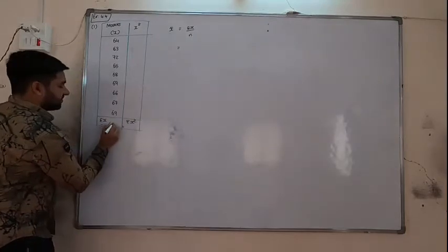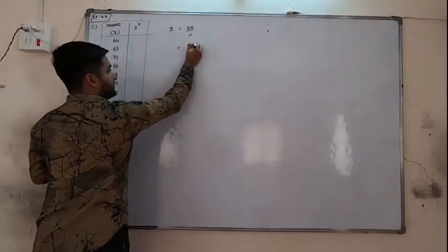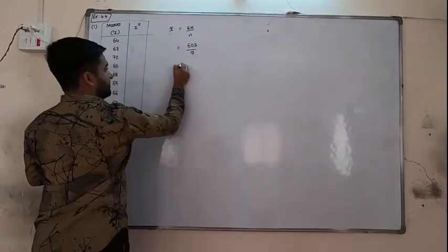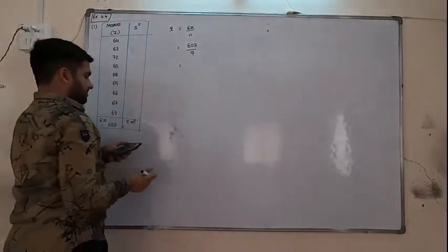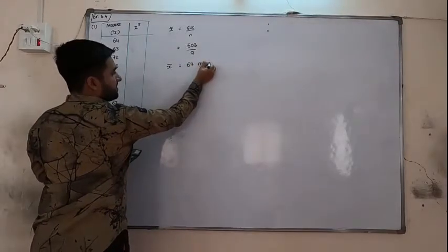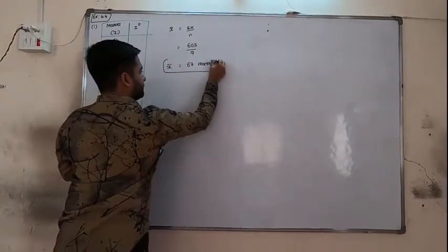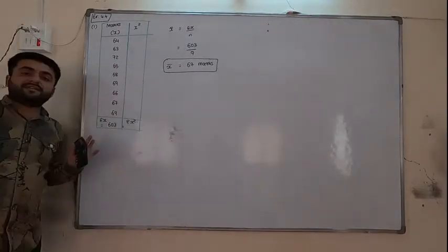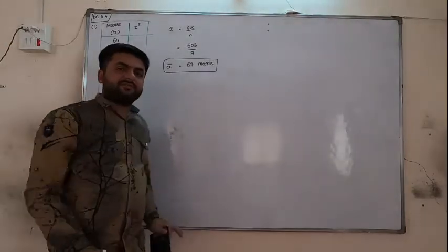Total is 603. 603 divided by 9 is 67. So x bar is 67, notice. So the first step is to find the mean. Now directly x square. Okay, we are using all the second formulas only.